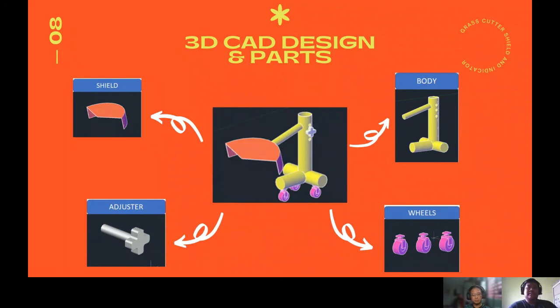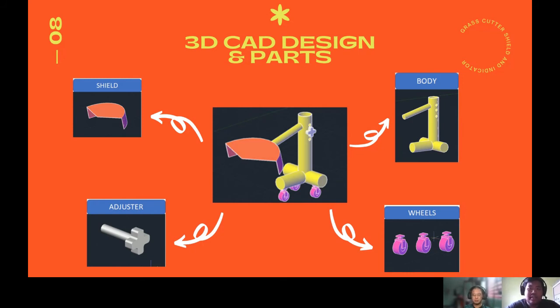Okay, now from the design, it has four main parts of the shield and indicator of C design, which are the body, wheels, adjuster, and shield. The first one is the body. The body we can call the mainframe or the housing that we use to attach all the parts on it. And the height of the body can be adjusted with the adjuster. Then we have wheels.